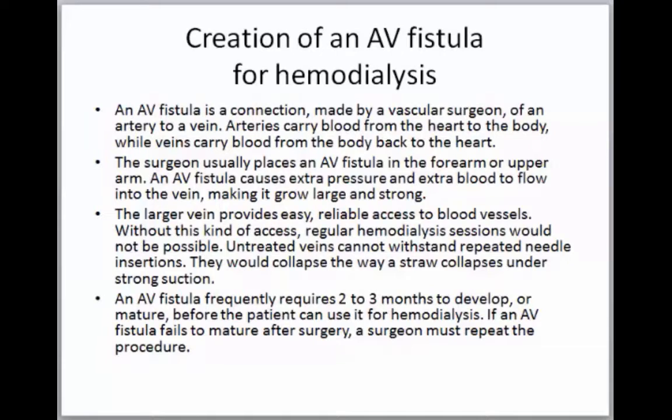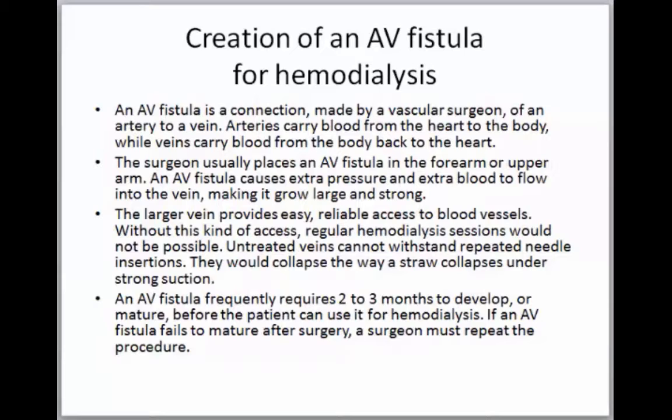When a patient is going to be receiving hemodialysis, an AV or arteriovenous fistula is created by a surgeon because you need a very strong vessel that's going to be stuck repeatedly. Each time they have dialysis, there's going to be needles inserted in these veins. So unless you have made a stronger than normal vein, it's not going to withstand all those sticks.